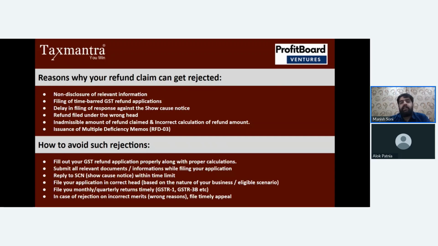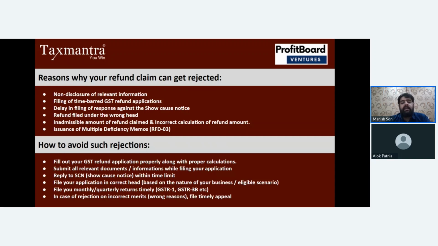But rejection, on the other hand, is different. It is a final order given to the SSC, stating that whatever you have claimed is not eligible, or whatever you have provided to us is not correct.